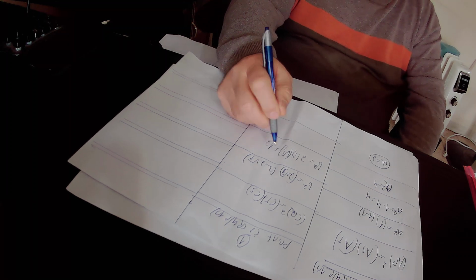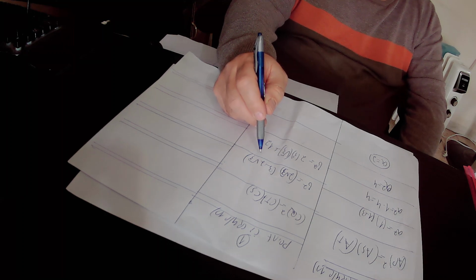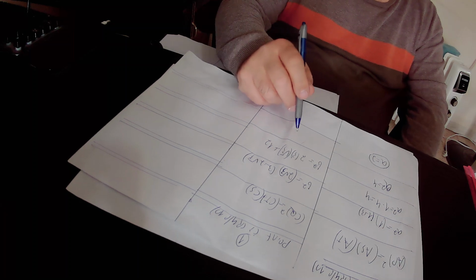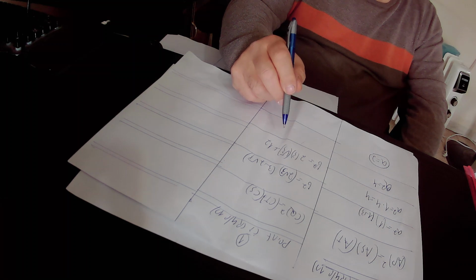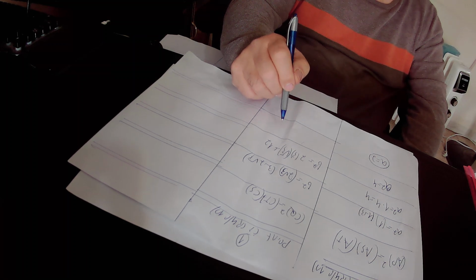Why? Because 2 times 2 is 4, and square root of 3 times square root of 3 is 3, and 4 times 3 is 12. So b square equals 2 times 3 times square root of 3 plus 12.